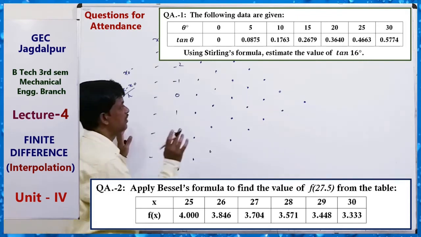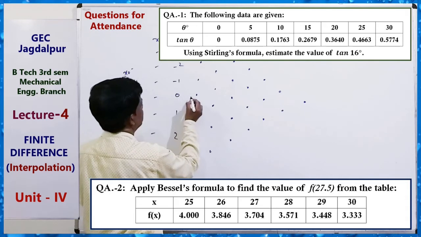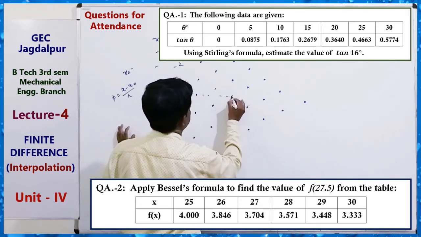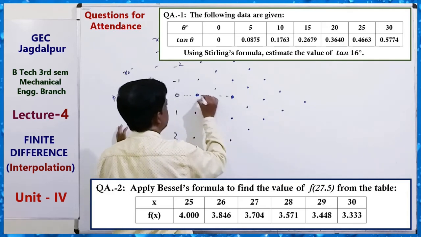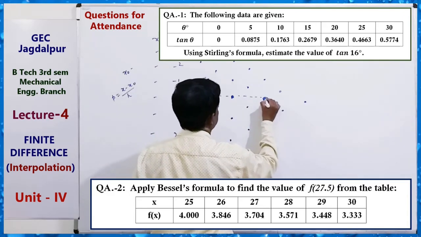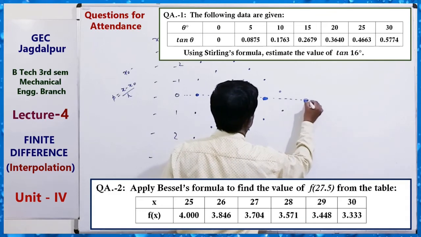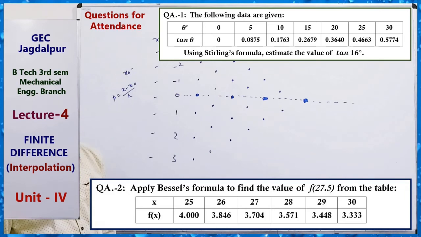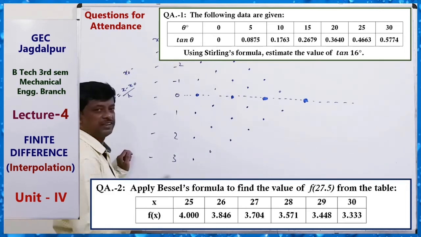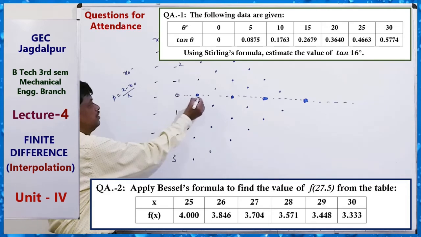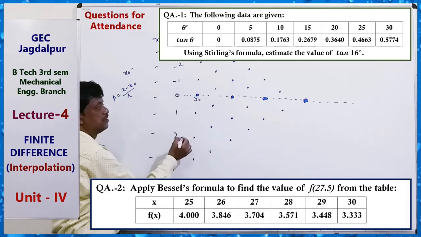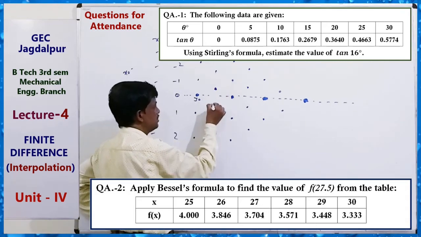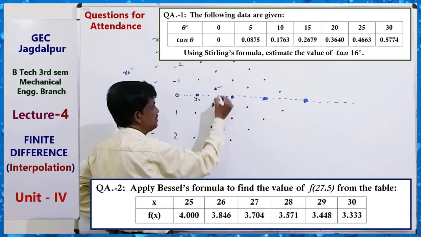First, centrally, this is the central line. For Stirling's formula, this is y0, and taking the average of this and this.